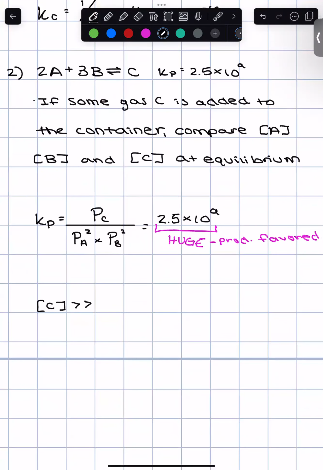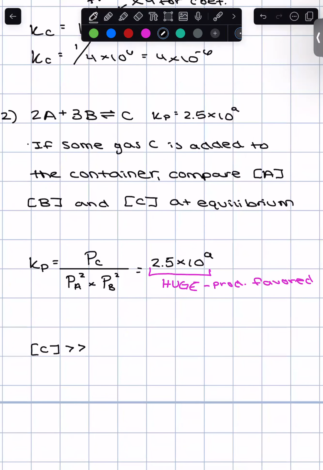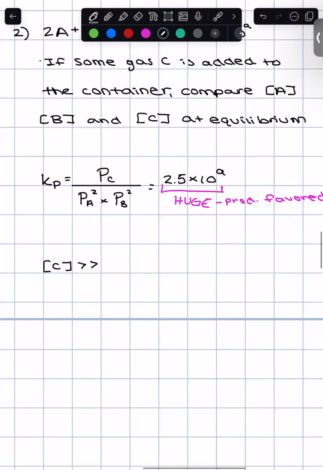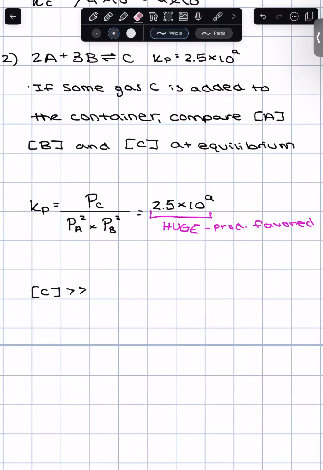Now, is the concentration of A or B greater? This is purely a stoichiometry problem at this point. B is greater. Why is B greater? Because it has a 3 in the coefficient. Exactly. Yeah, you're right, and this should be 3.